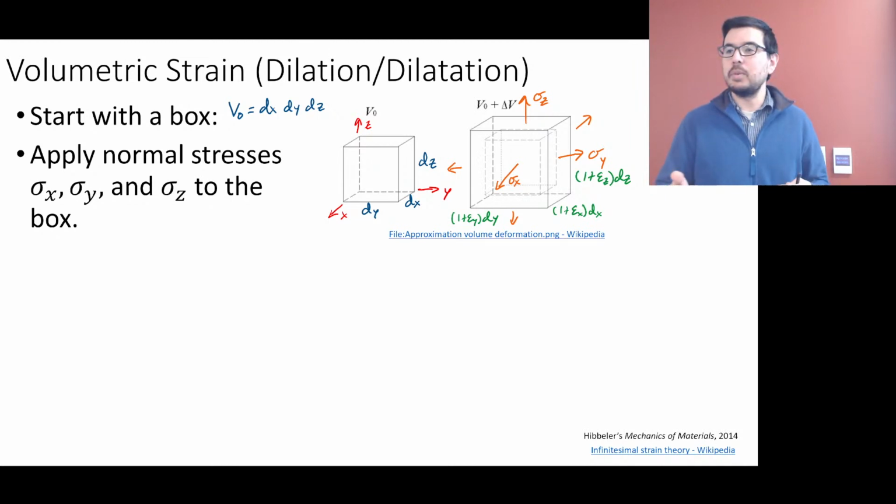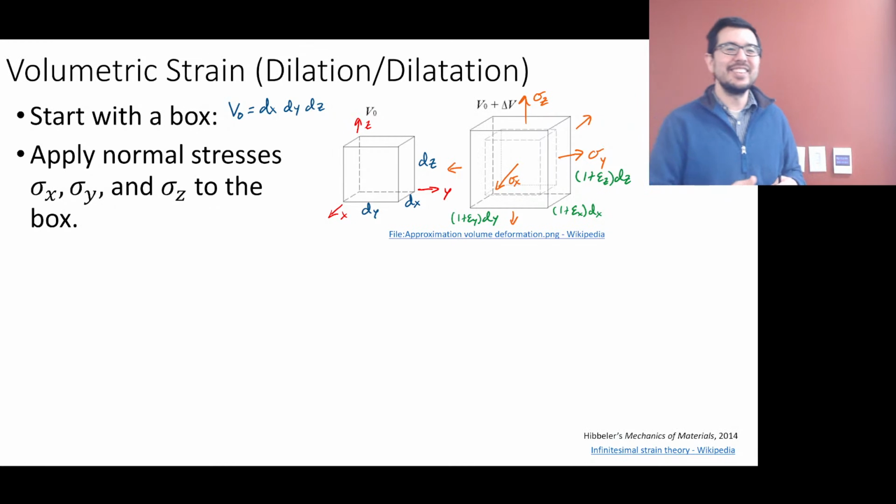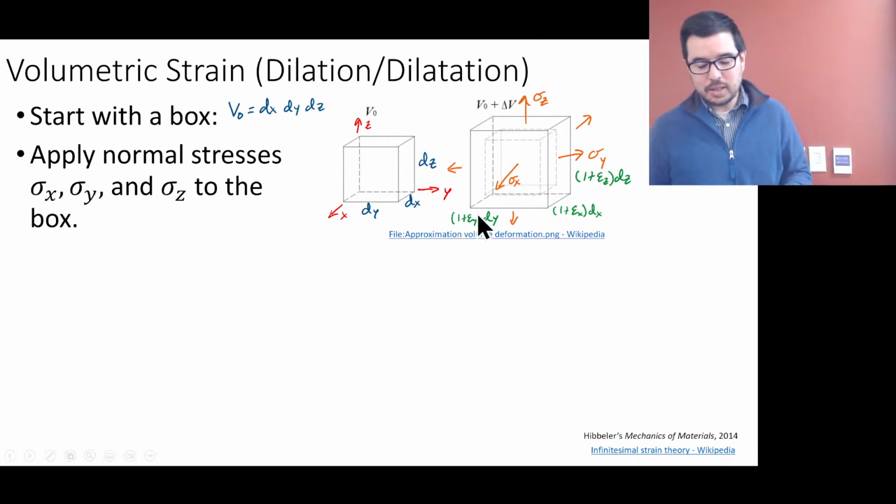It would be 1 plus 0.05, times the original length. So that's what you're seeing here, with these lengths.